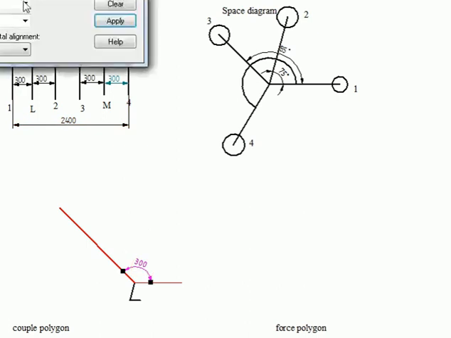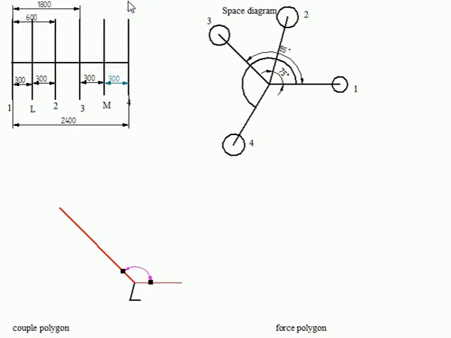This is 135, and here this angle with respect to 0 degree should be 60. This angle has to be 60 degree.